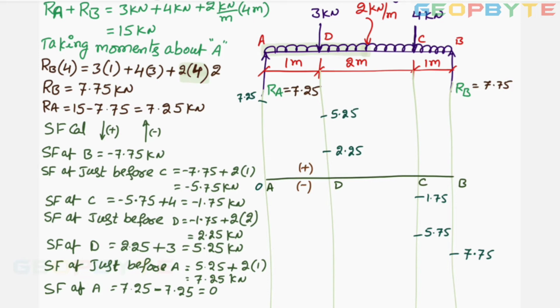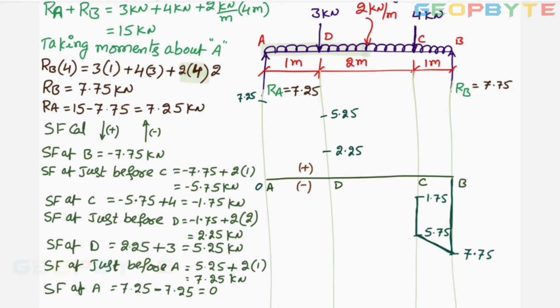Now let us join all these values for getting the shear force diagram. This is the effect of point load. This is the effect of UDL. Effect of UDL is maintaining the straight line variation. Effect of point load.